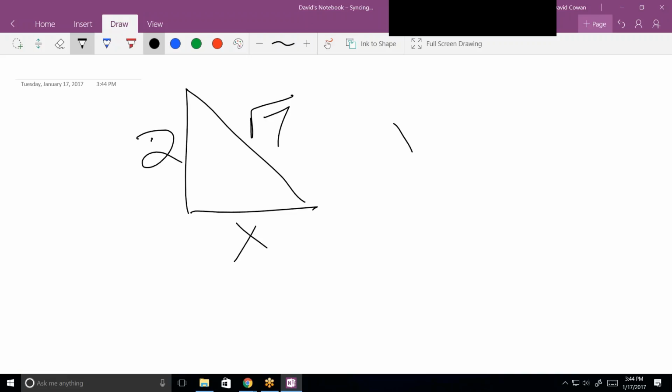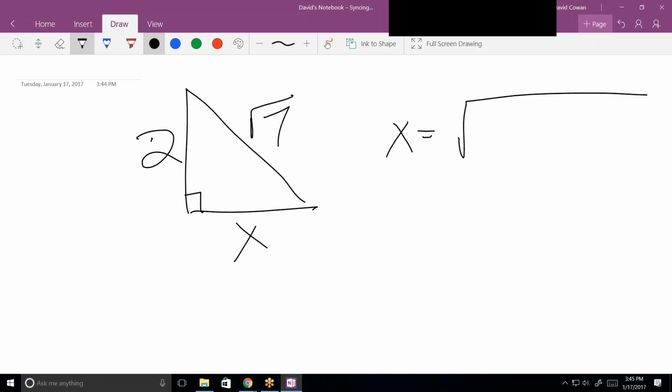What is X equal to? Square root of 2 squared. No, always start with the hypotenuse. When you're solving for a short side, and that's what we're solving for, remember, the hypotenuse is always the longest side.